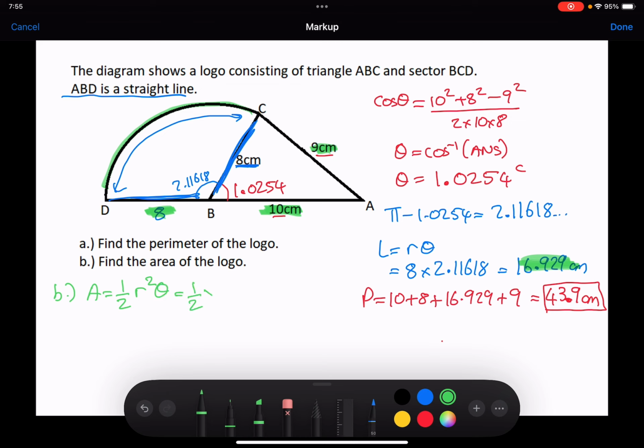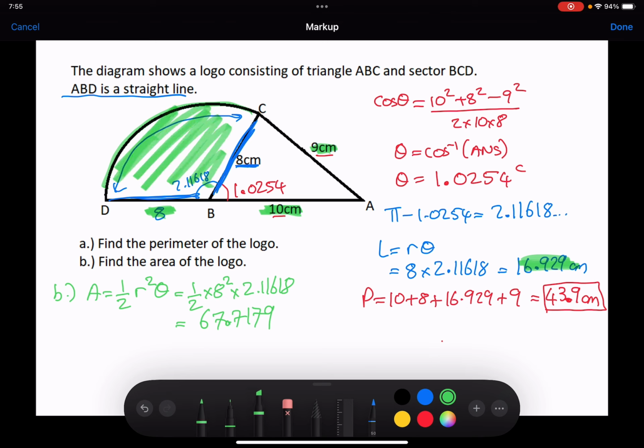So a half times 8 squared times the angle, 2.11618, which gives me an area of 67.7179. So that's the area of the sector, that's the area of all of this.